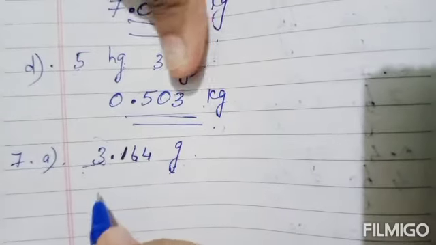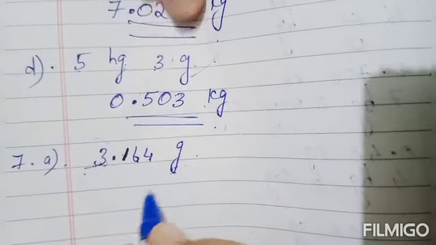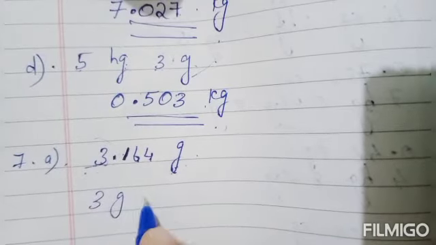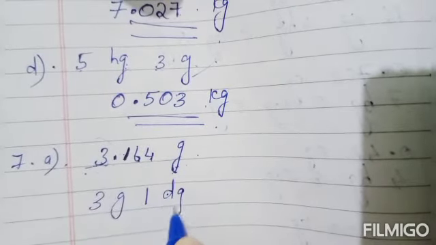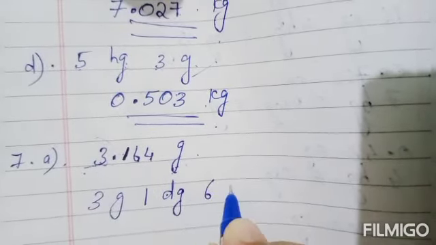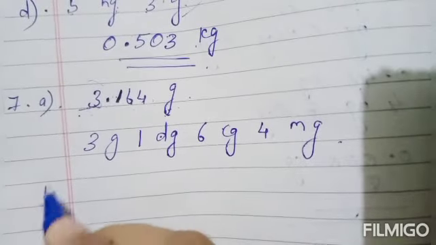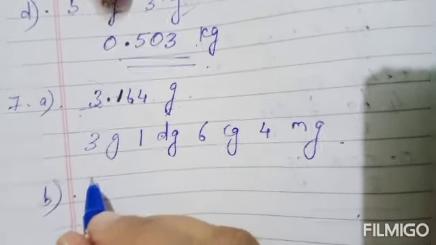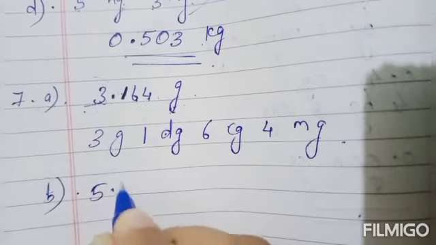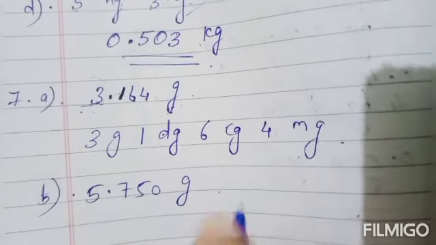So you can write 3.164 gram is 3 gram, 1 decigram, 6 centigram, 4 milligram. Okay, so this is the answer. Next B, 5.750 gram.